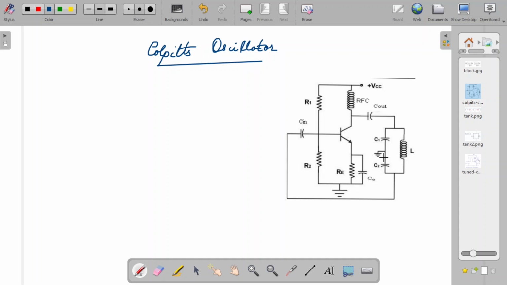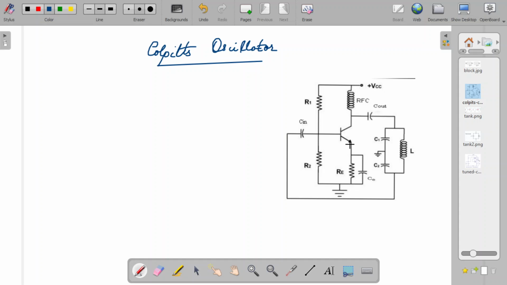When you produce oscillations, the capacitor gets charged, and the electric field in the capacitance and the magnetic field produced in the inductance coil change alternately, transforming energy from one to the other, and because of that oscillations are produced. Now how do you get the 180-degree shift in the feedback signal? That is one very important thing.